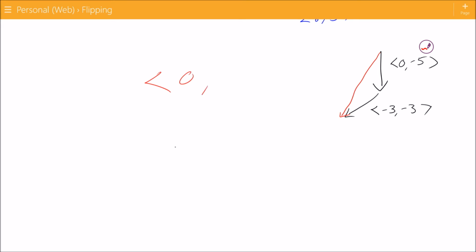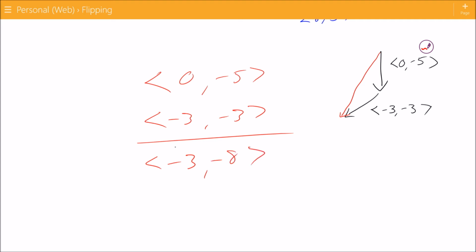I can add them up. You can stack them like this. 0 and -3 give you, and -5 and -3 give you. There you are. That's it.